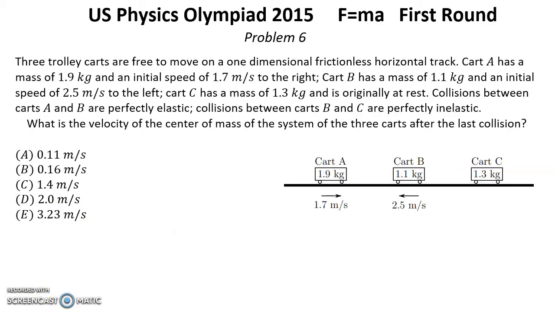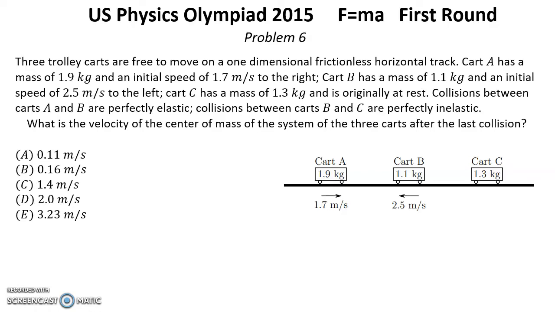Problem number 6. 3 trolley carts are free to move on a one-dimensional frictionless horizontal track. Cart A has a mass of 1.9 kilograms and an initial speed of 1.7 meters per second to the right. Cart B has a mass of 1.1 kilograms and an initial speed of 2.5 meters per second to the left.